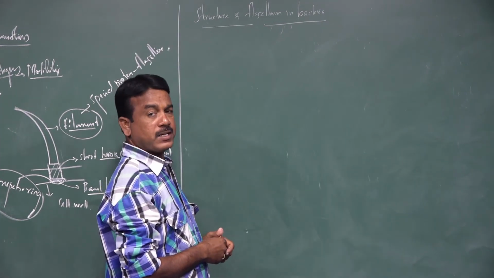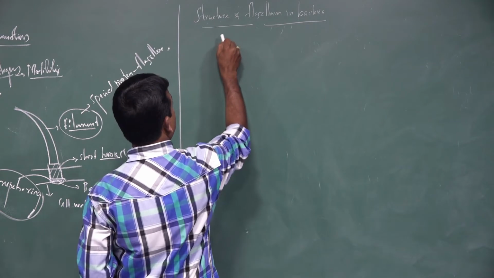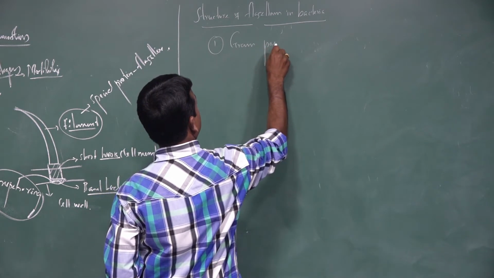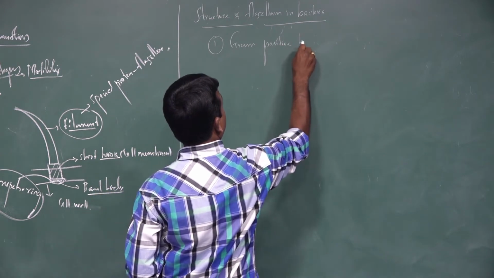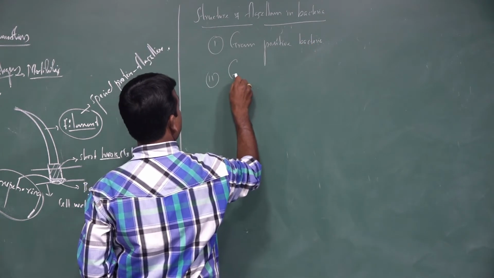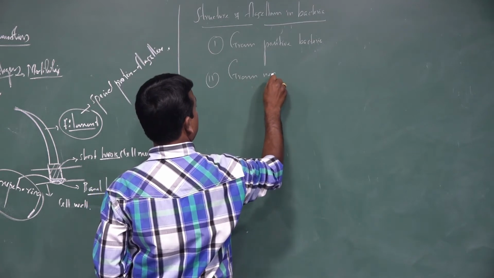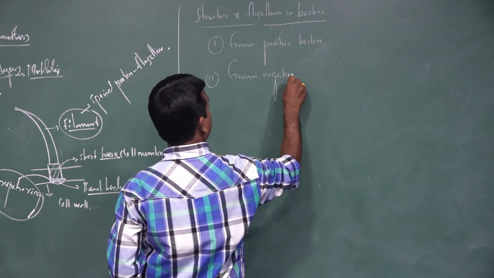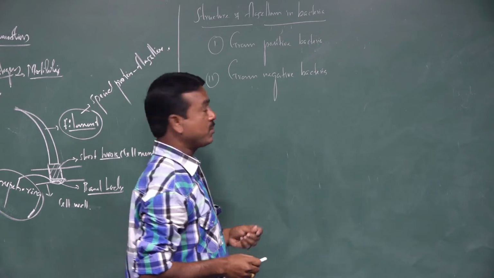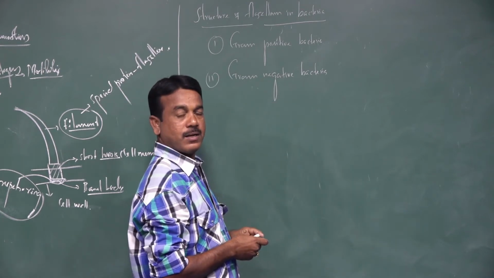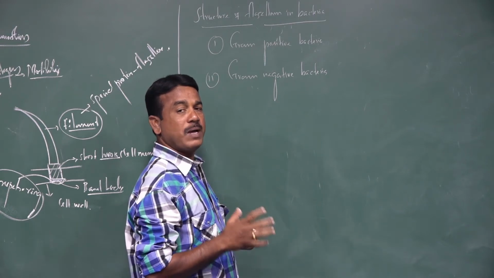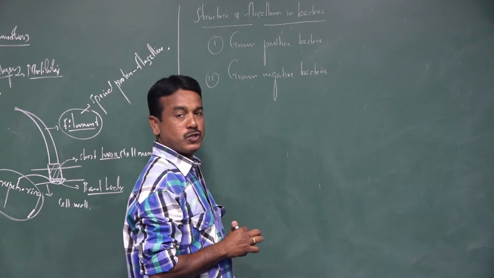Generally, there are two kinds of bacteria, as you know: gram-positive bacteria and gram-negative bacteria. Bacteria that retain the purple color become gram-positive bacteria.